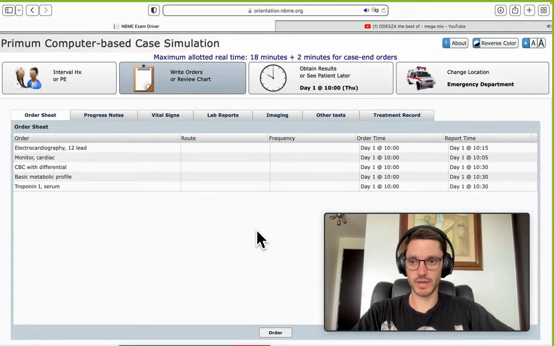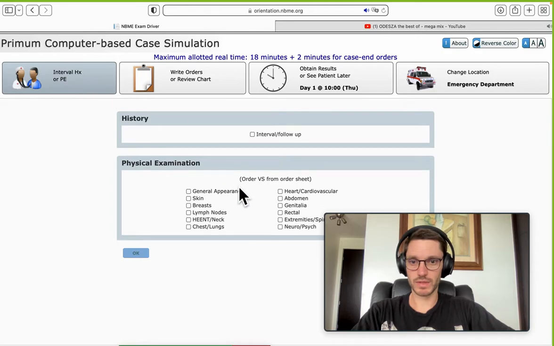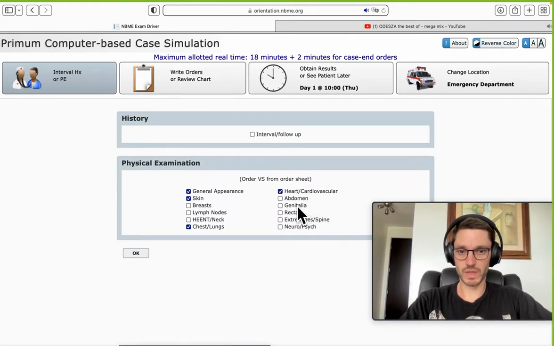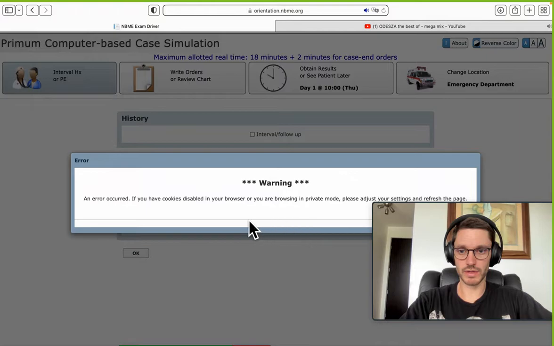Okay, and we have that. I want to see her general appearance, skin, if it's cold or clammy, and all this. I want to see how her chest and lungs are, heart and cardiovascular. This won't change much. No.